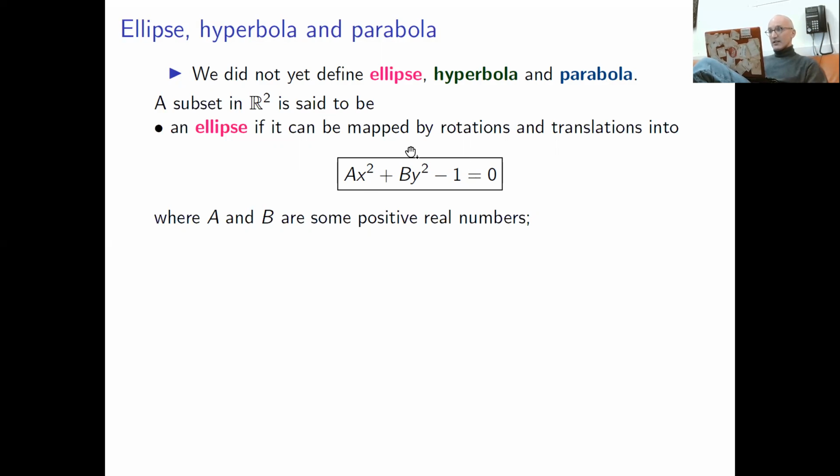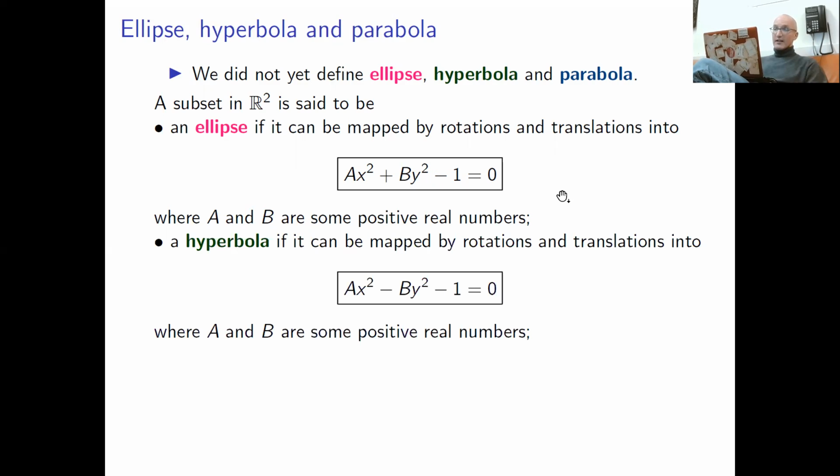So up to scaling, we have these two parameters, A and B, and they have to be positive. This looks like an ellipse. Quite often, your ellipse is written in a slightly different equation. It looks like (x over a) squared plus (y over b) squared minus 1 equal to 0. This is another way, but it's a little bit more bulky. So I use this way.